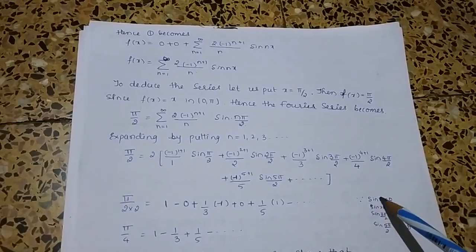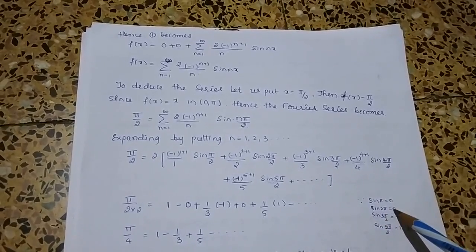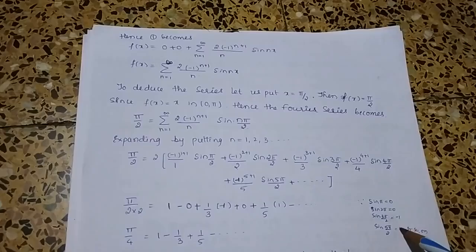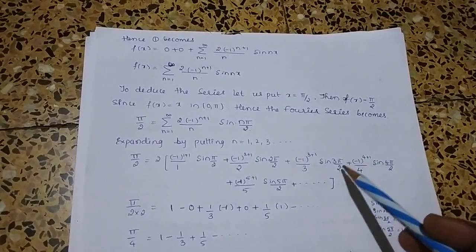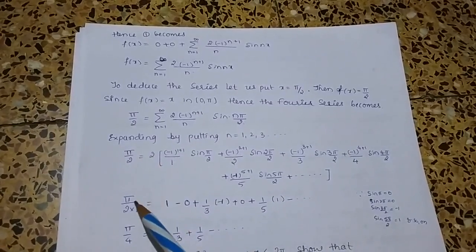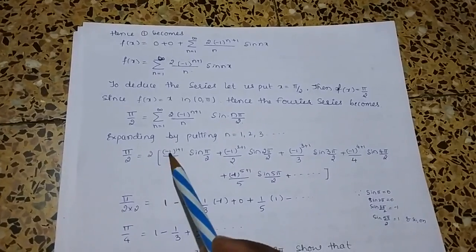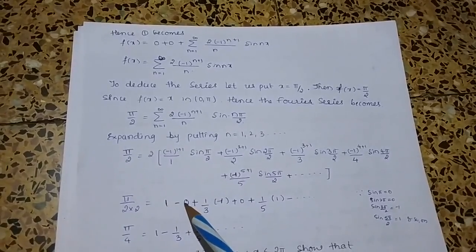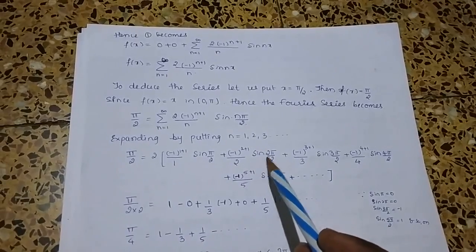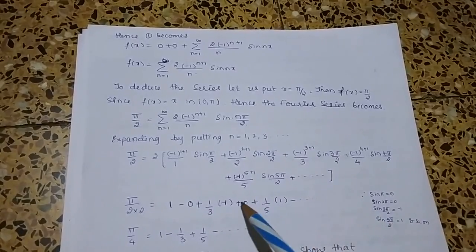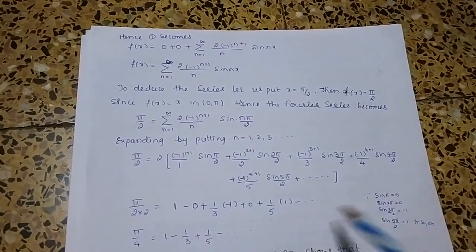And we know that sin pi equals 0, sin 2 pi equals 0, sin 3 pi by 2 equals minus 1, sin 5 pi by 2 equals 1, and so on. Using these results, and transferring this 2 to the LHS, pi upon 2 into 2, that equals sin pi by 2 is 1, minus sin pi, that is 0, plus 1 by 3 into sin 3 pi by 2 which is minus 1, plus 0, plus 1 by 5 into 1, and so on.